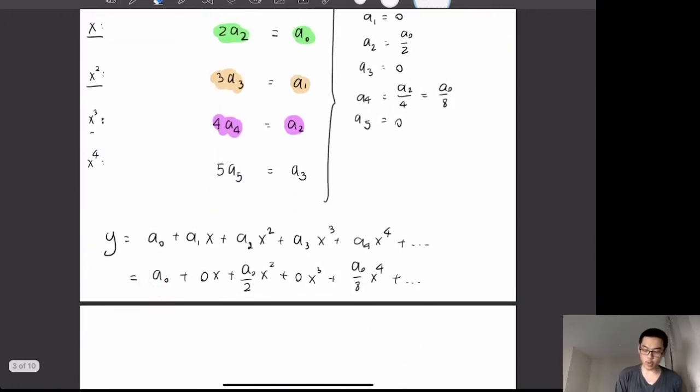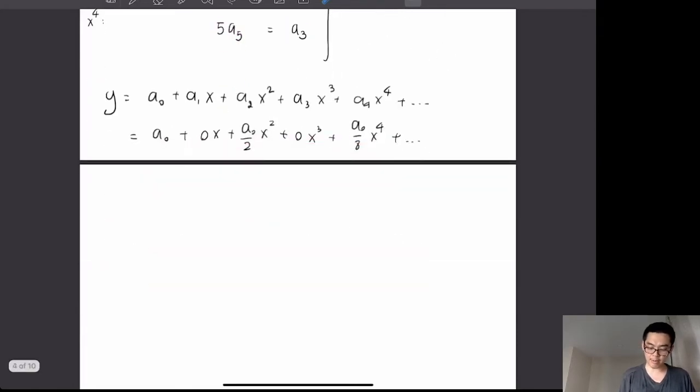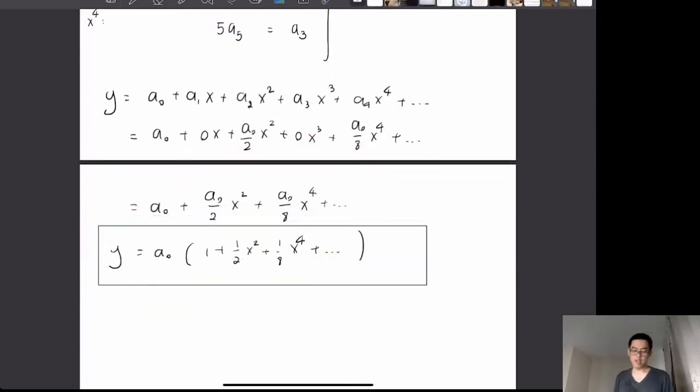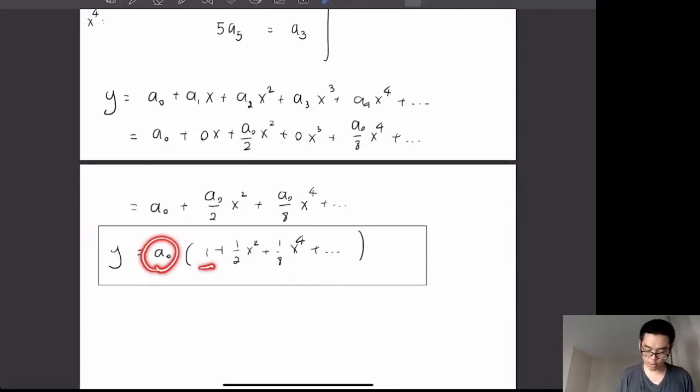Right? And in this case, you can. You have a0, a1 is 0, a2 is a0 over 2, and a4, sorry, is a0 over 8. Right? So that's the first 5 terms. And at the end of the day, you can write your answer like this. Y is just a0 times 1, which is from here, 1/2, which is from here, and then 1/8, which is from here.